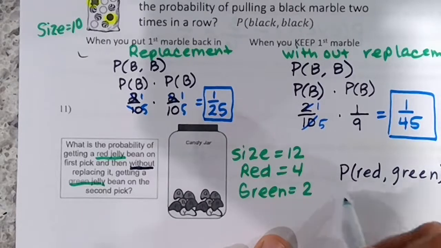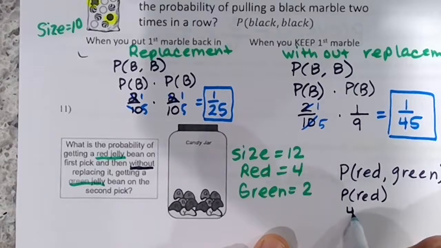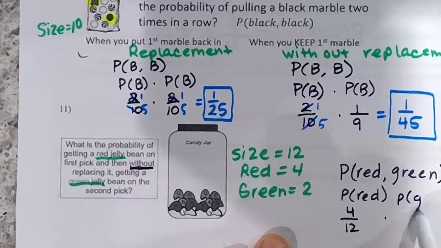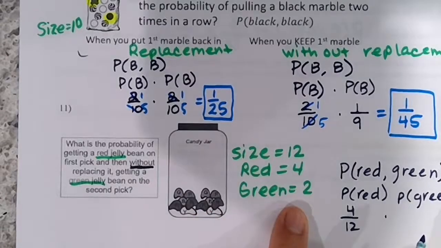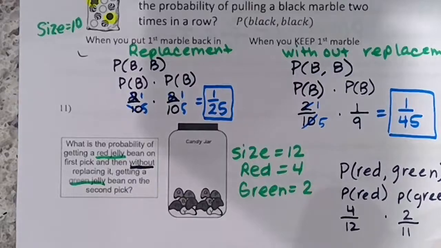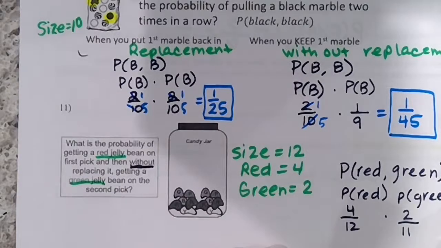That's going to be 4 out of 12. Probability that you get a green, now you've already taken one out. Then the probability that you would get a green, well, you would have 2 choices out of how many jelly beans? 11, because you've already taken one of those out.